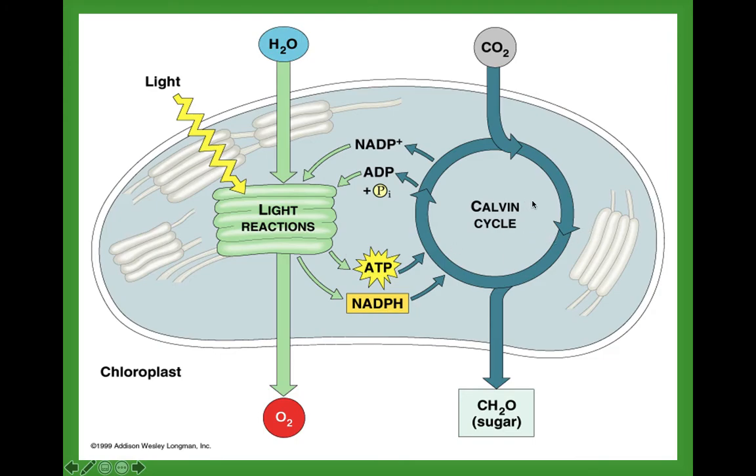Over here where the Calvin cycle takes place, that's the stroma. If you could take a line and draw down the middle of this, everything on the left side would be the light reactions, and so then we still have reactants and products. Everything on the right side, reactants and products, would be the Calvin cycle or light independent reactions.